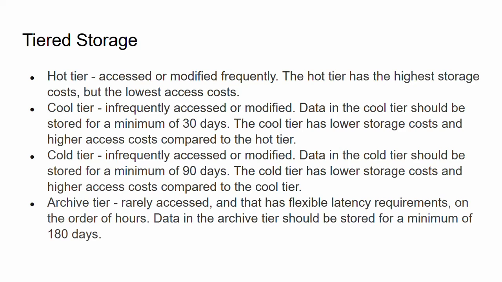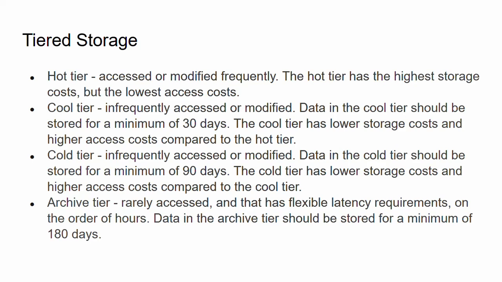Data in the archive tier should be stored for a minimum of certain times, right? Because it's archiving, it has the lowest storage cost, but with some access cost. So this is tiered storage. But as you can see through the discussion just now, data don't usually belong to a tier forever.